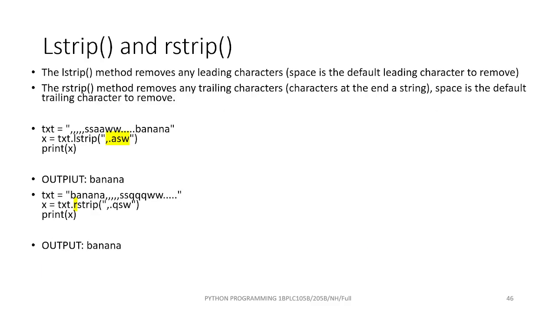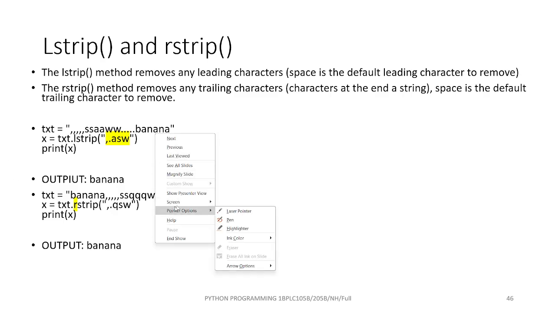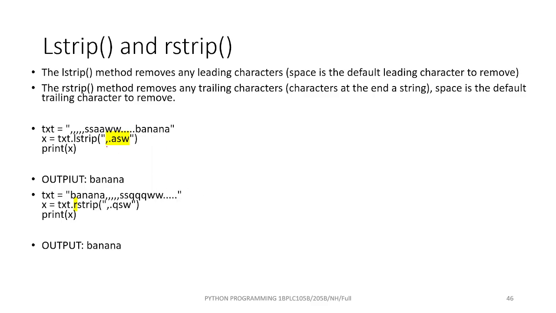rjust for right justification. Two more functions for stripping, lstrip and rstrip. In the first example, you have to strip this input string by ignoring comma, dot, a, s, w. The remaining is the output. Here comma, dot, a, s, w are considered. Let me try one.